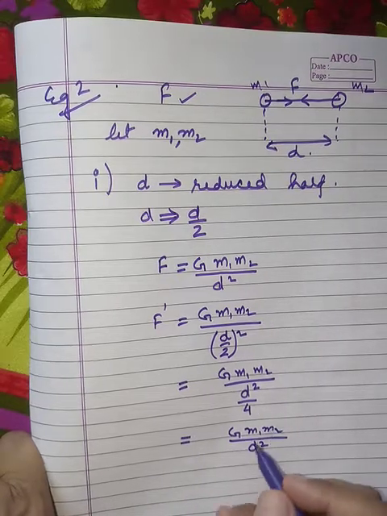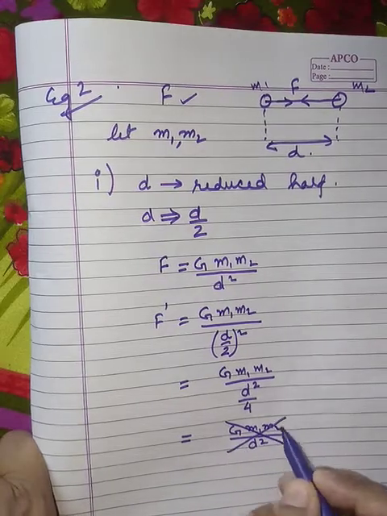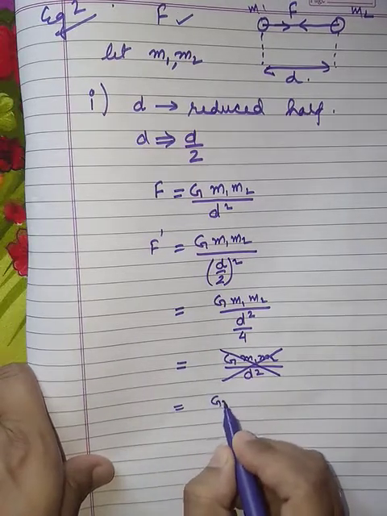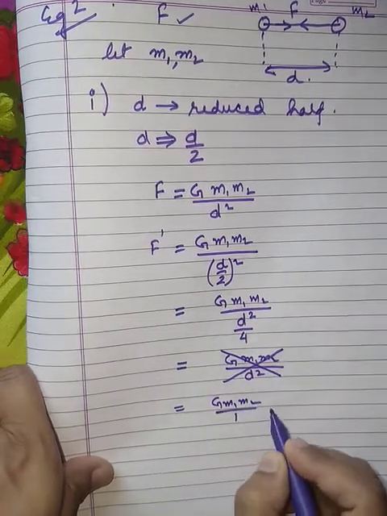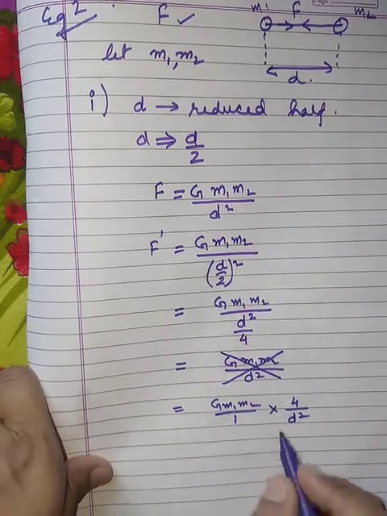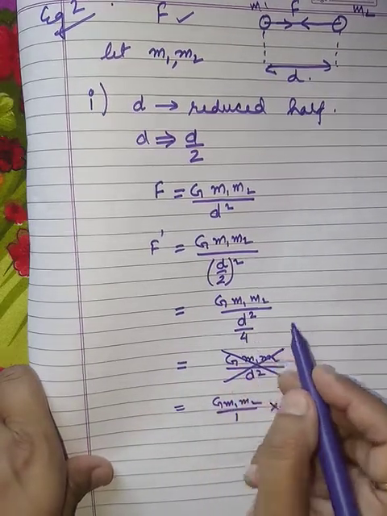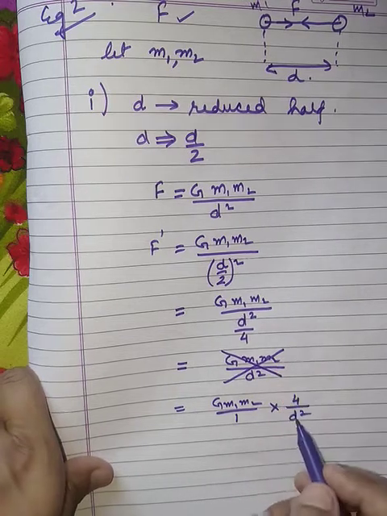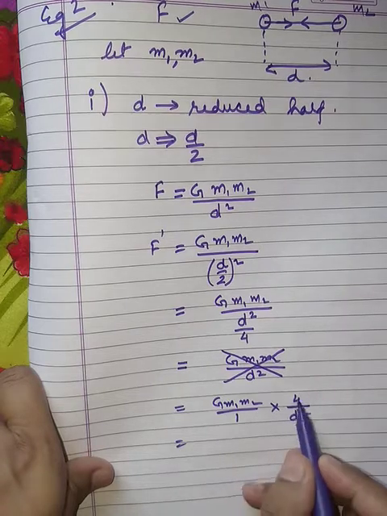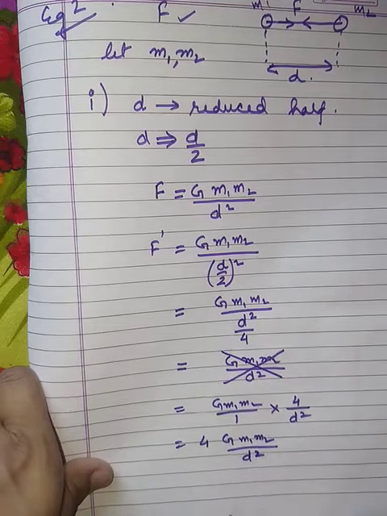Let me simplify one step more, I should not skip the step, maybe some students are not getting it. So G m1 m2 divided by 1 multiplied by, make it reciprocal, 4 divided by d square. The division goes upside by multiplication. If we take the reciprocal, then we can write it as multiplication. So 4 becomes common, 4 times G m1 m2 divided by d square.